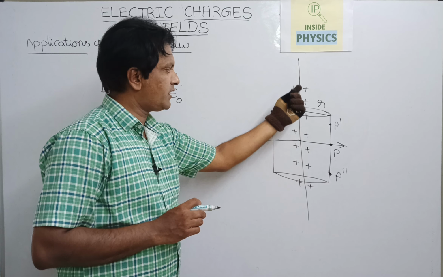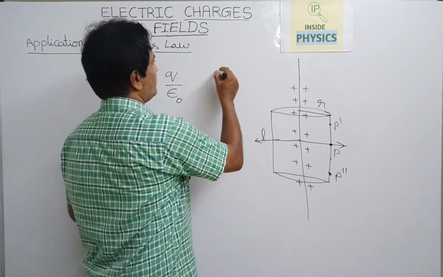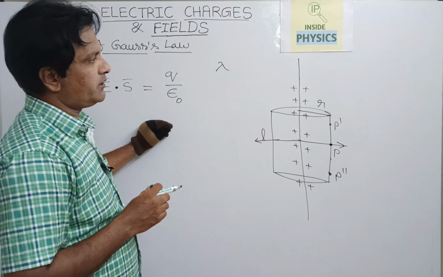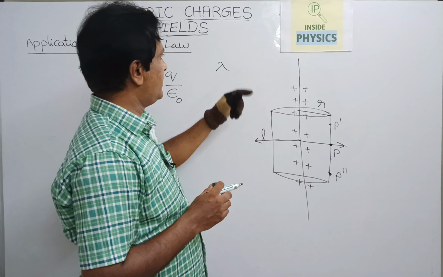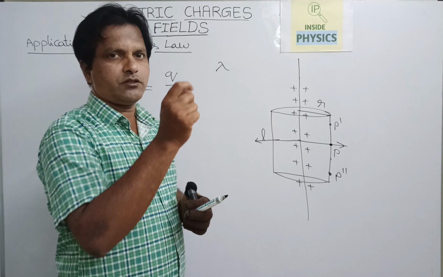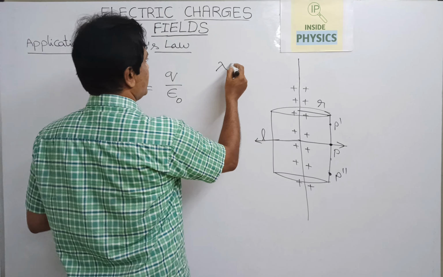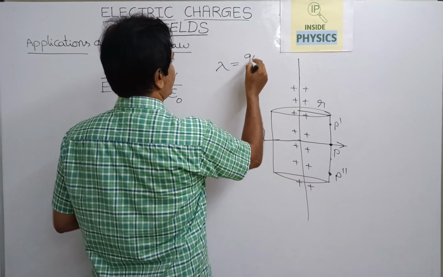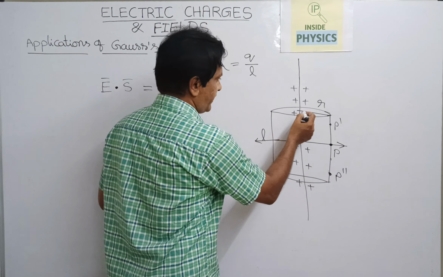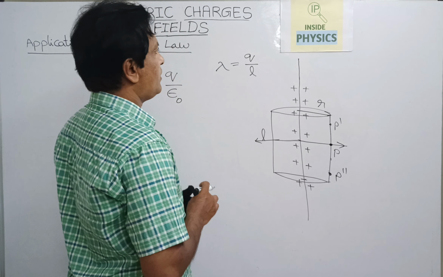This conductor has a linear charge density of lambda. The charge present on the wire per unit length is called linear charge density, represented by Q by L. The length of the wire is L, which is also the length of the cylinder.